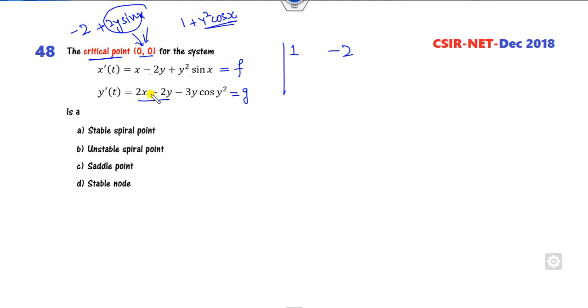Partial derivative with respect to x is 2. Partial derivative with respect to y is minus 2. So it will be 2 cos y² plus y sin y² of 2y minus. So at the point (0, 0), this part will be 0, this part will be 1. So it is minus 5.